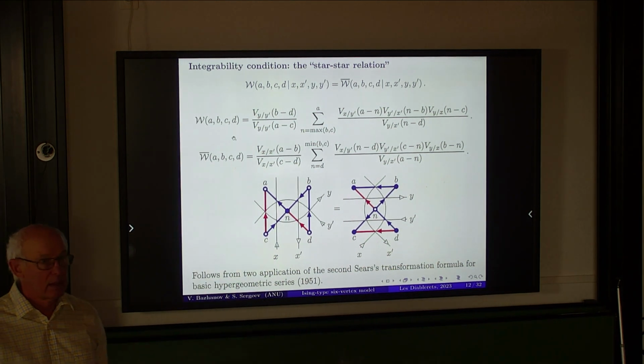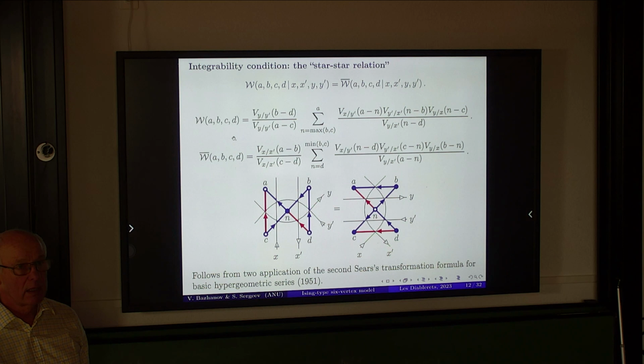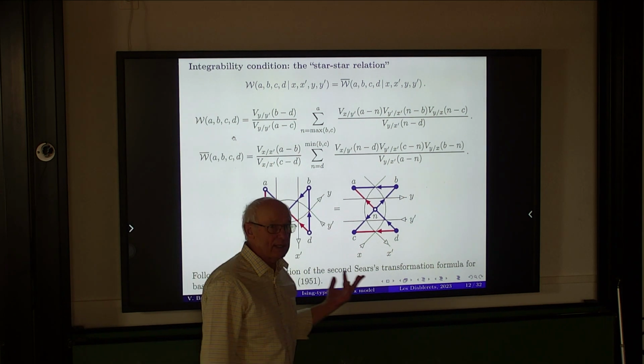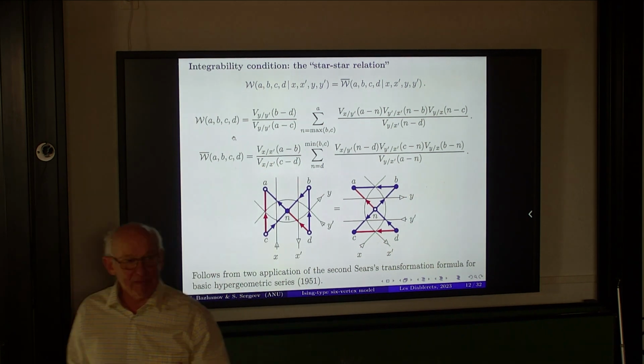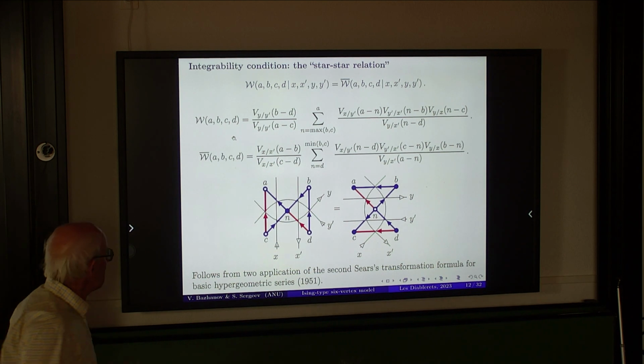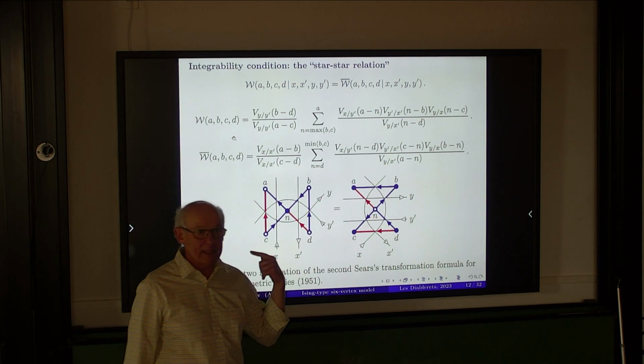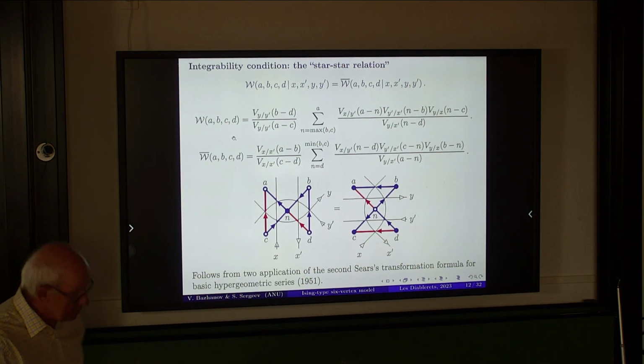Star triangle relation. Sorry? Star triangle relation. If you have a star triangle relation, there's a problem. Yeah, if you have star triangle, but we don't know about star triangle. We explore what we can get. So certainly this relation is simpler than the Yang-Baxter equation.